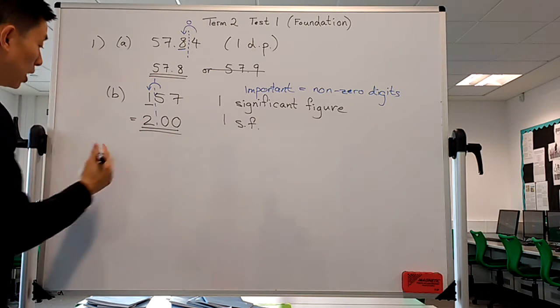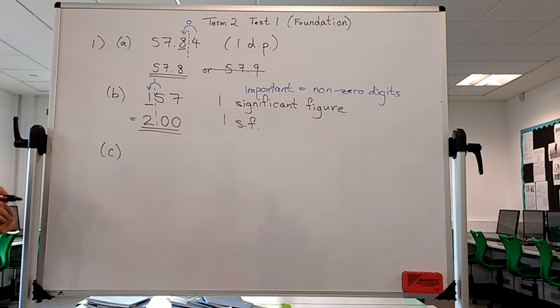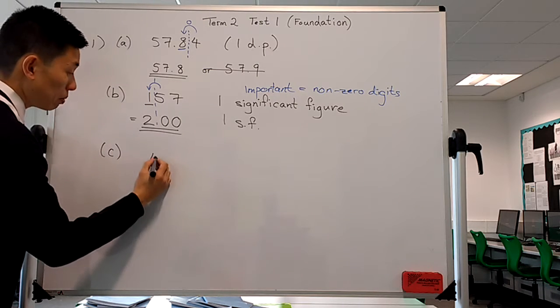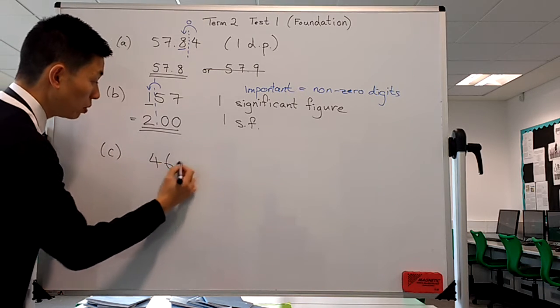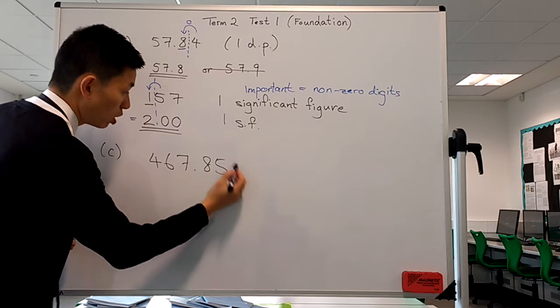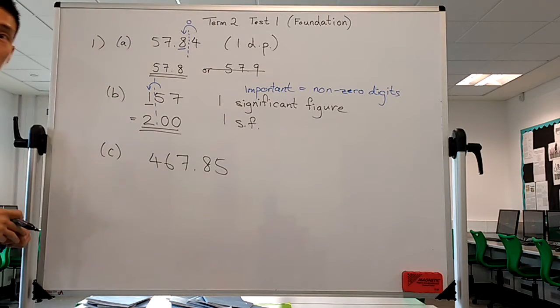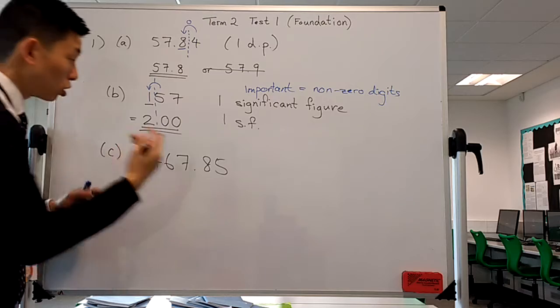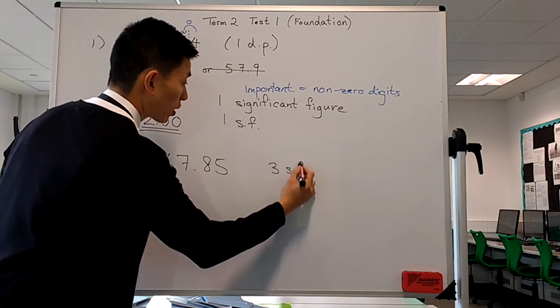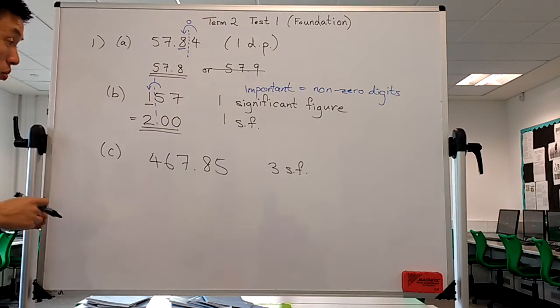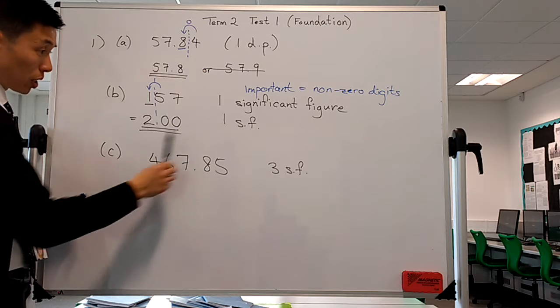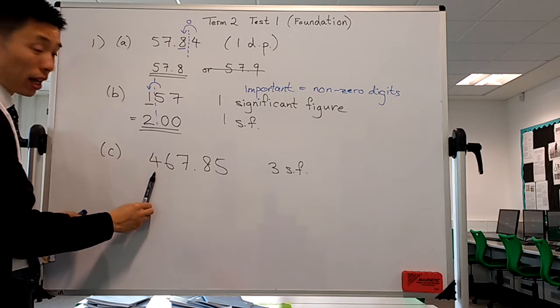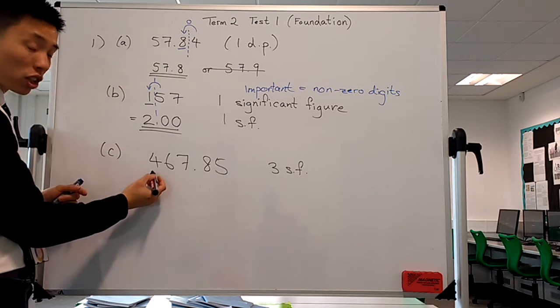Okay? Part C. This time it is a decimal value with tenths and hundredths, and it's asked to round to 3 significant figures. So again, because it's a significant figure, we start there. Is it a non-zero digit?